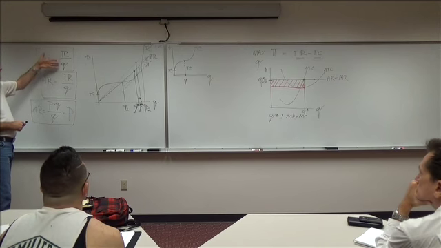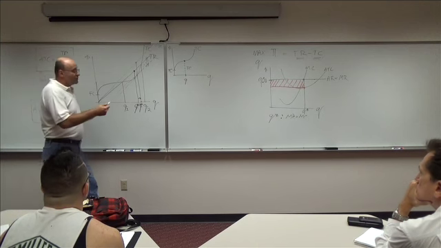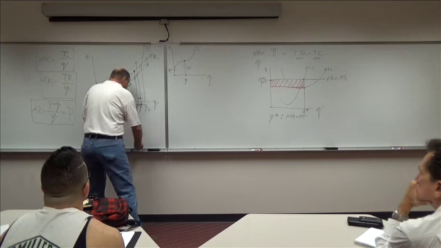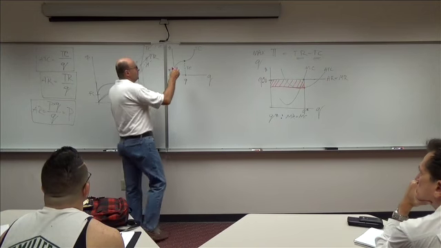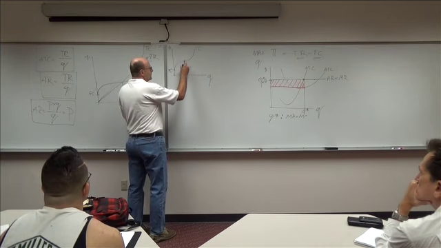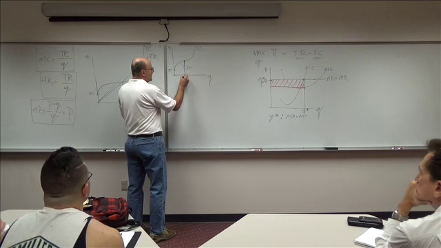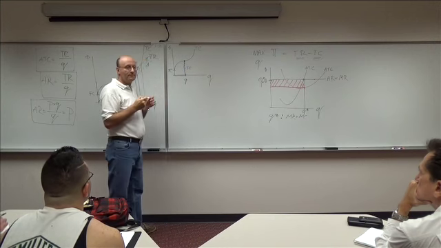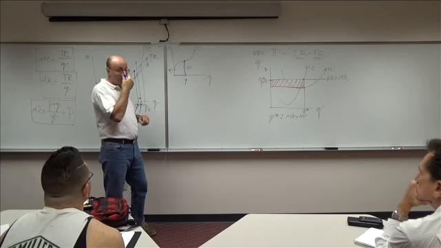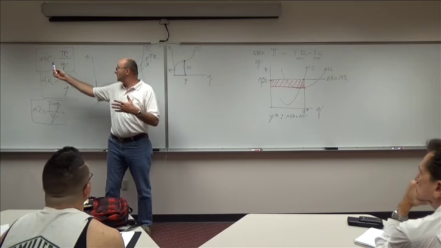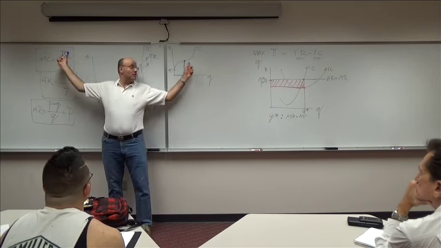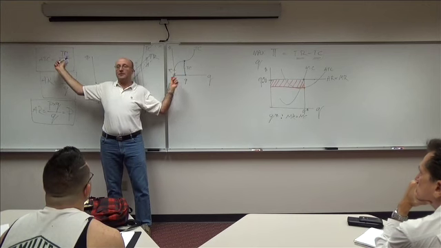You find it by dividing total cost by quantity. Average total cost is total cost divided by quantity.